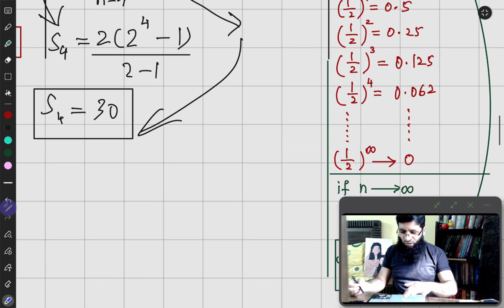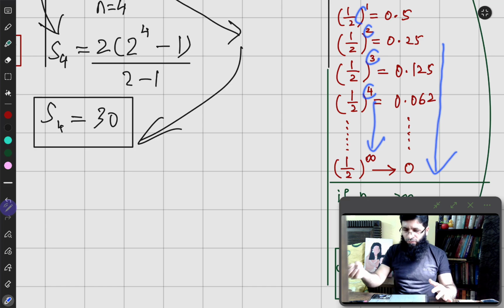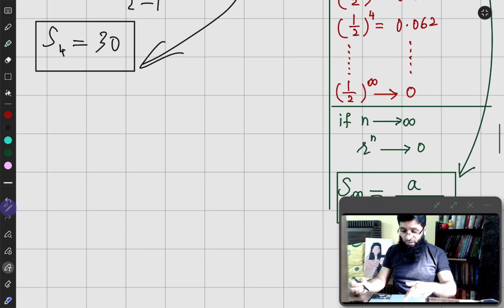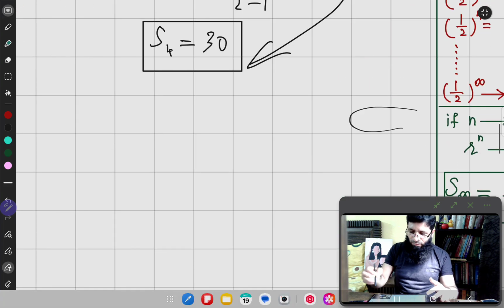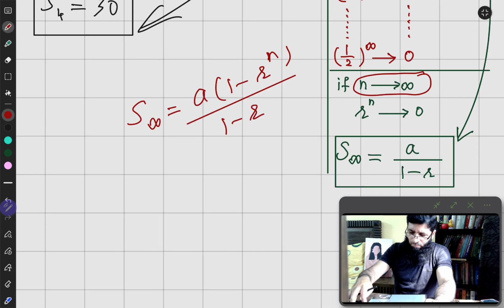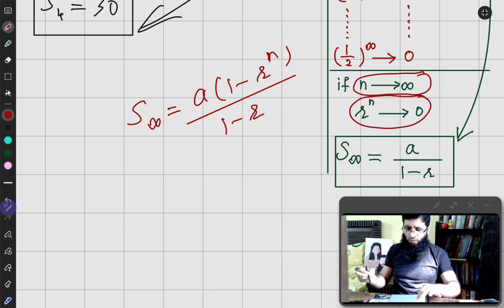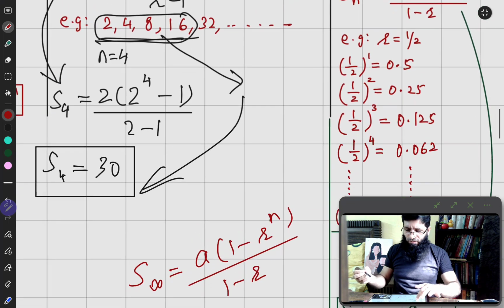So if you extend the power n up till infinity, ultimately the result will approach 0. So if n approaches infinity, then r^n will approach 0. You can see from this example.